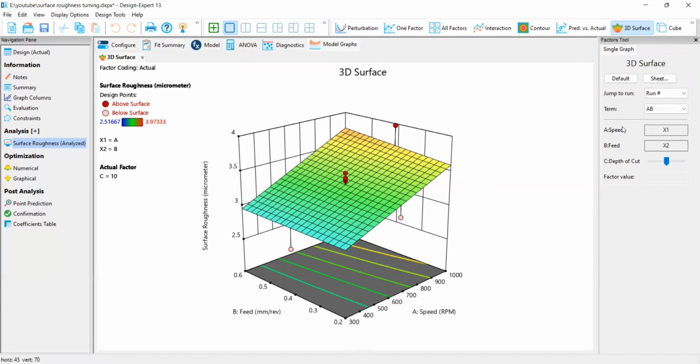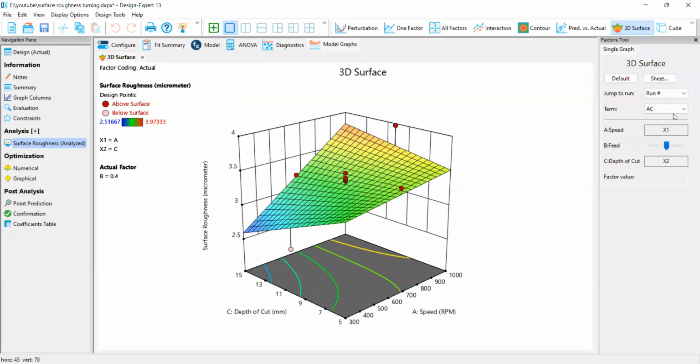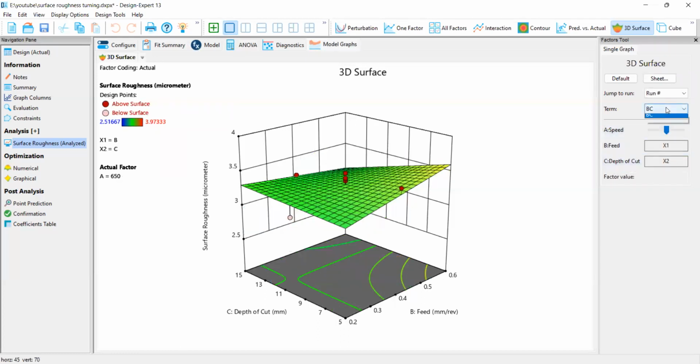The present plot is between the feed and the speed as parameters against the surface roughness that we have obtained for the 20 experiments. Here we can change our terms. It is showing between A and B, that is speed and feed. We can also obtain the graph between speed and depth of cut and that between feed and depth of cut.